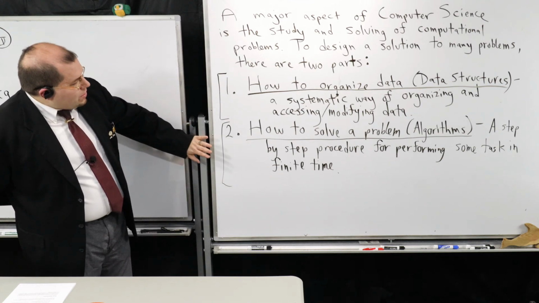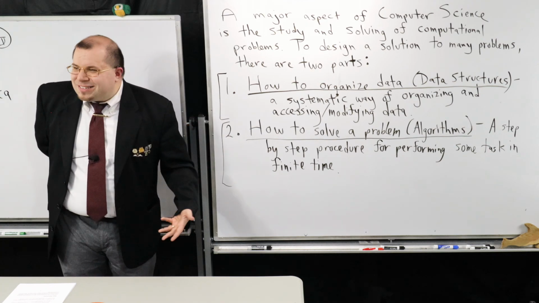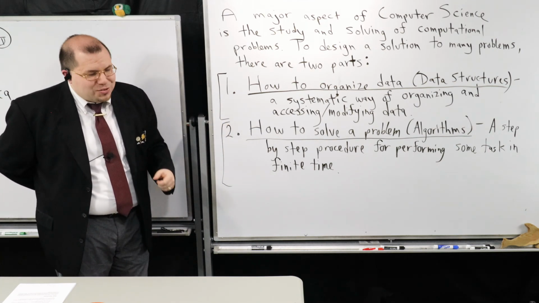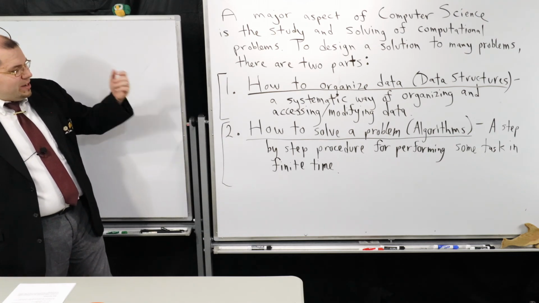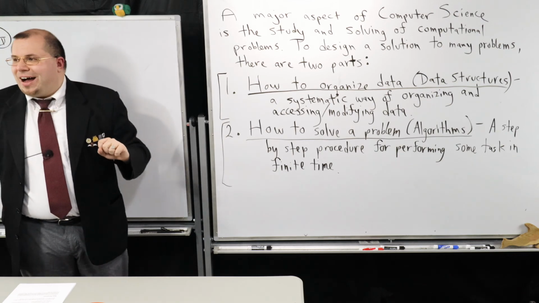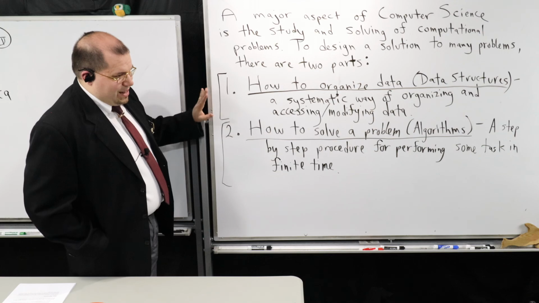Another element of what we're going to talk about are so-called recipes, the ways and hows to solve a problem. These are algorithms, which you can think of as a step-by-step procedure for performing some task in finite time. We'll talk a lot about both of these in this class.